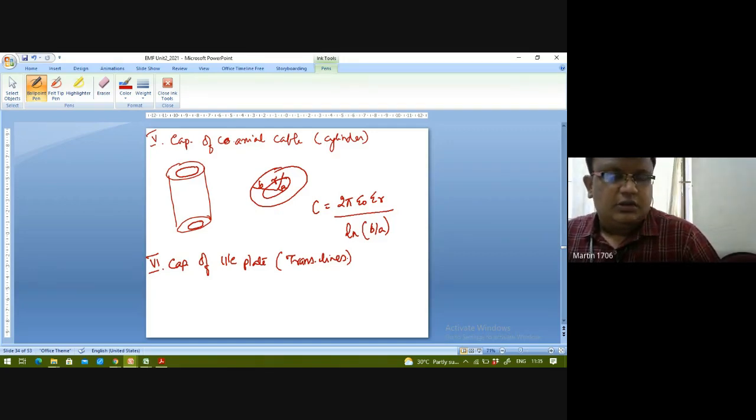So then, what is the capacitance? For this, what is the formula?